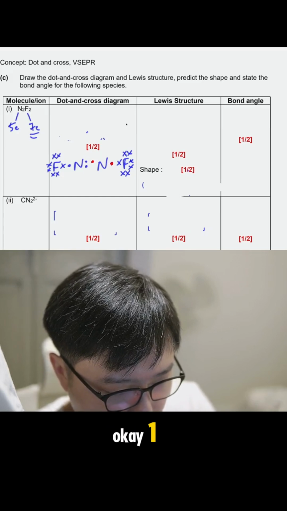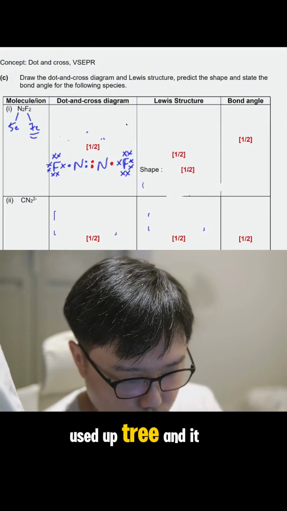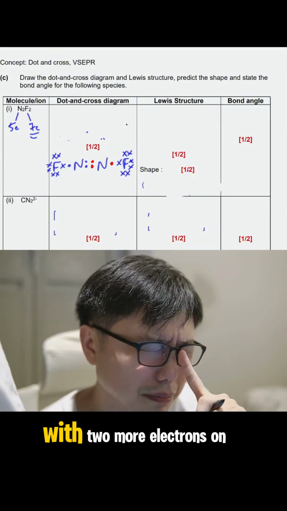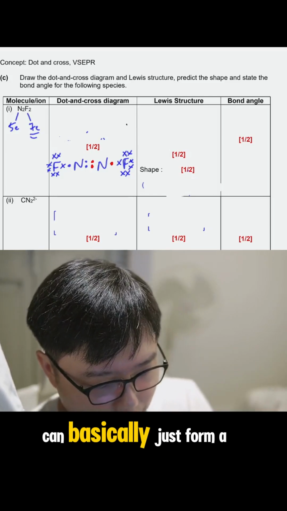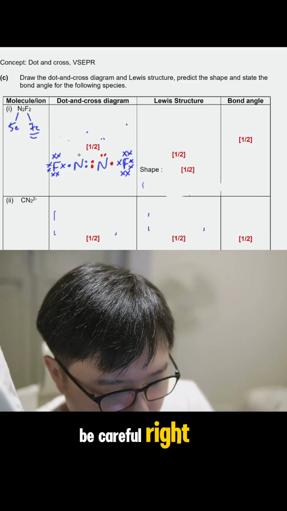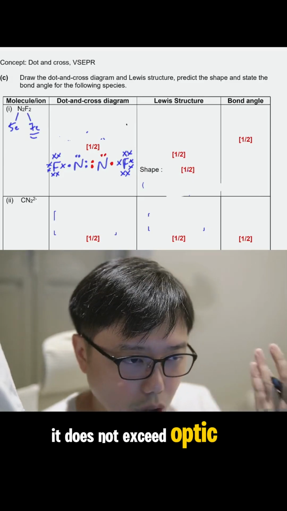Okay, 1, 2. Now N has used up 3 electrons and has 3 bonds, which means it's left with 2 more electrons on each nitrogen. So with 2 more electrons, I can just form a lone pair. We also need to be careful that nitrogen does not exceed octet configuration.